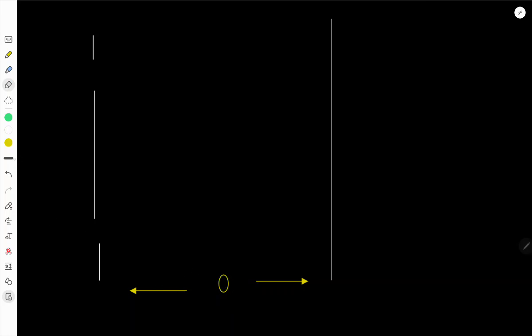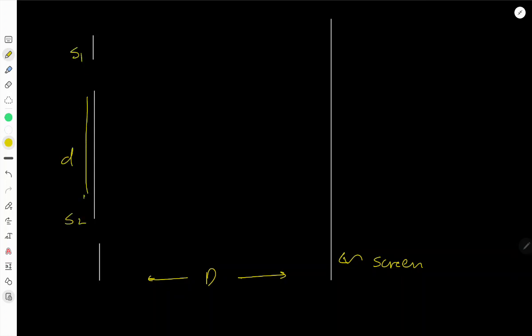This is our D, capital D. This is our screen. Now this diagram is very important, that's why I'm drawing it very carefully. And this is the distance between the slits.